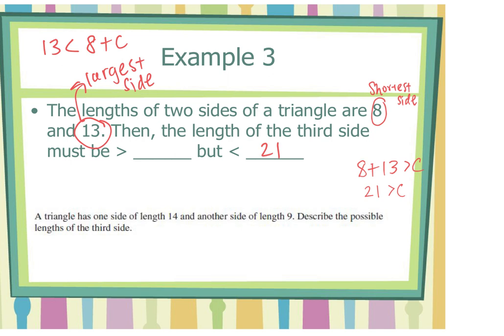So now you're going to subtract 8 from both sides, and you're going to get 5 needs to be less than C. So it needs to be greater than 5, but it also needs to be less than 21. So 21 is our largest, and 5 is our smallest.